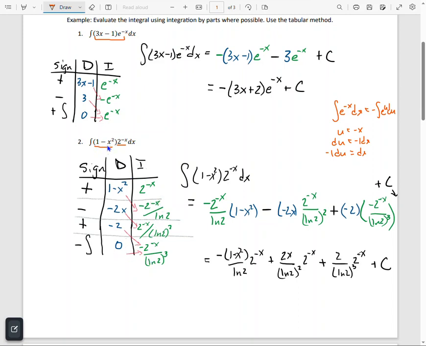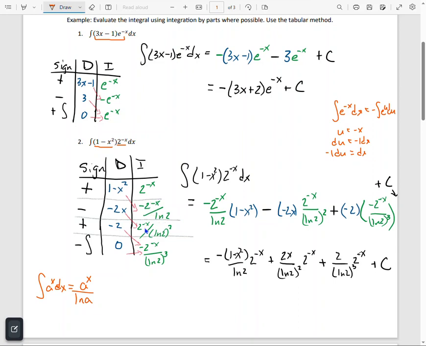If the derivative part is 1 minus x squared, the integral part is 2 to the negative x. Find its antiderivative. Remember, the antiderivative of a to the x dx is a to the x over the natural log of a. In this case, it's a negative x, so just like we had to use a u substitution up here, we'll alternate negative, positive, negative in the sign.